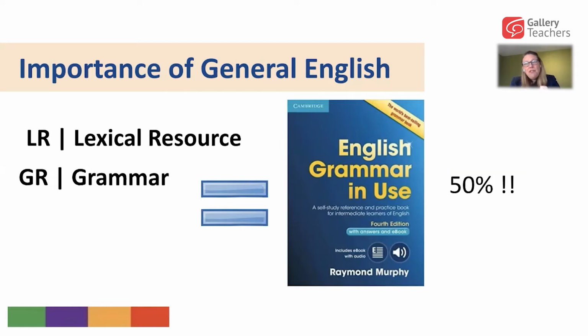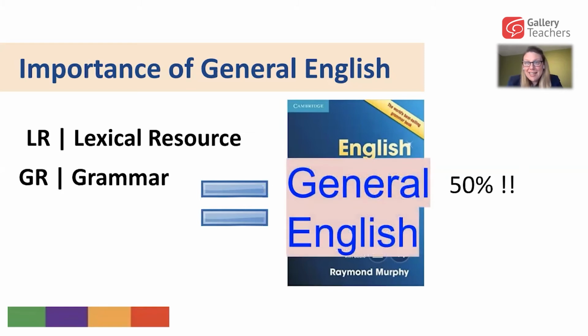If they do not have good general English at a good solid level, it will not be possible for your candidate or student to score highly on the IELTS exam. I hope in our discussion we can perhaps go into a little more detail about how we can disguise general English in our IELTS lessons.